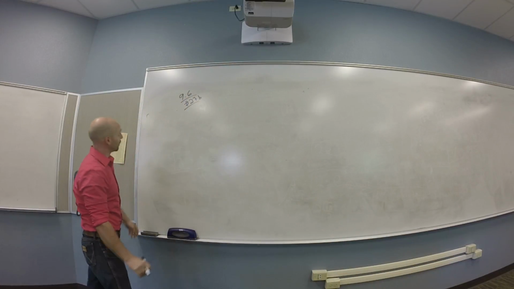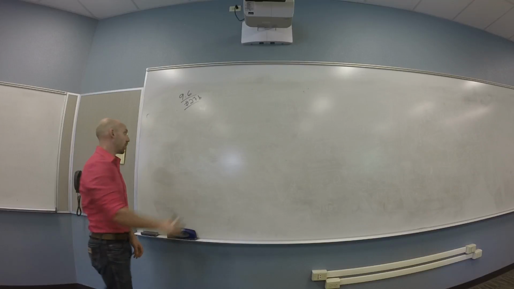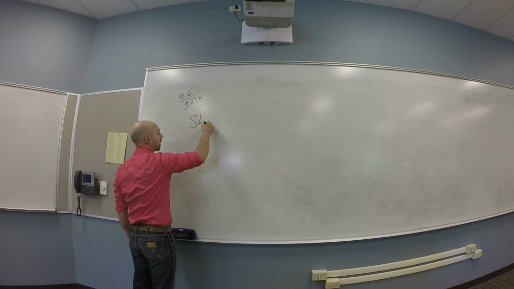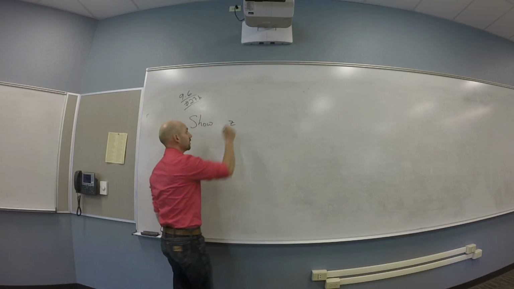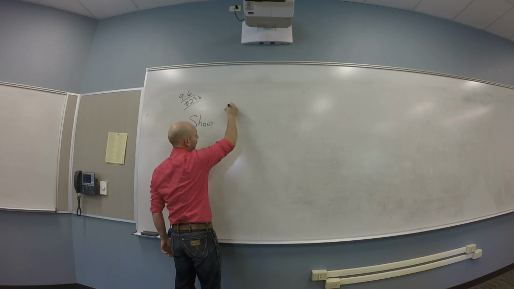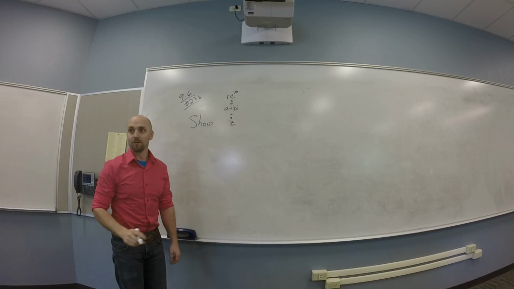Okay, so number 9.627b, we would like to show that if you take a complex number z, right? So think to yourself there, a plus bi, or r e to the i theta, one or the other.